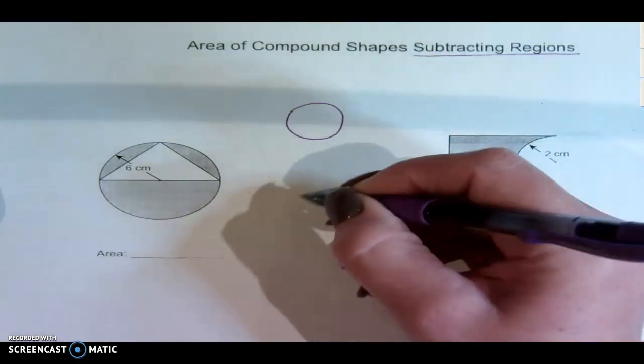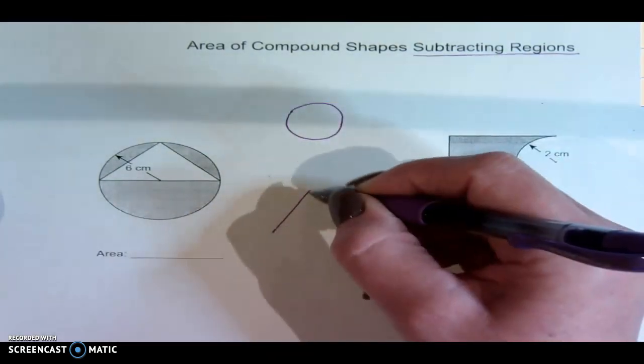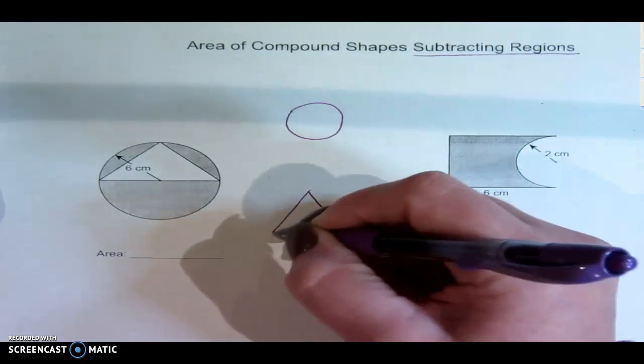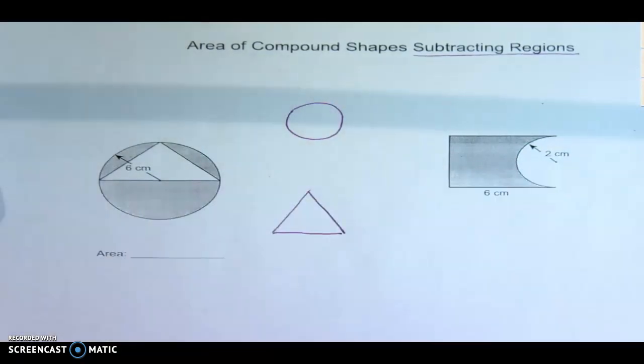What I would like for you to do is to separate your shapes, just a little sketch, as we work on determining our steps and determining the area of the compound shape that we have in front of us. So we have a circle.